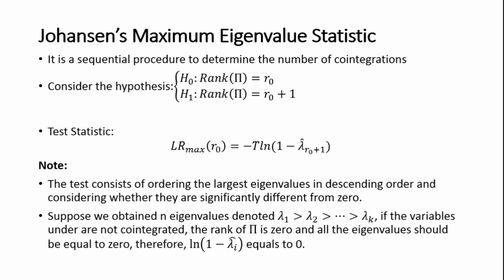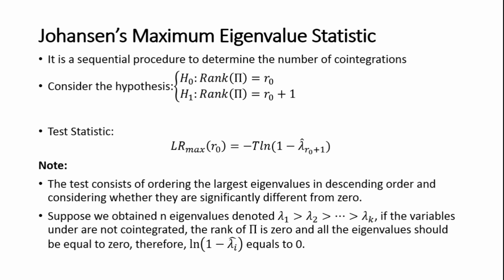Consider the hypothesis H0 that the rank of P equals r0, against the alternative that the rank of P equals r0 plus 1. The test statistic is given by negative T multiplied by the logarithm of 1 minus the eigenvalue of order r0 plus 1.